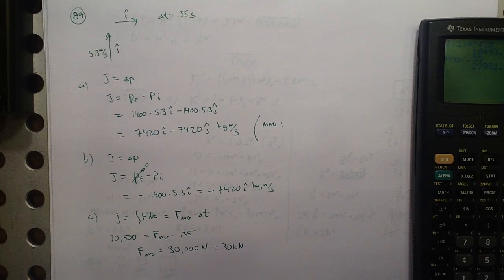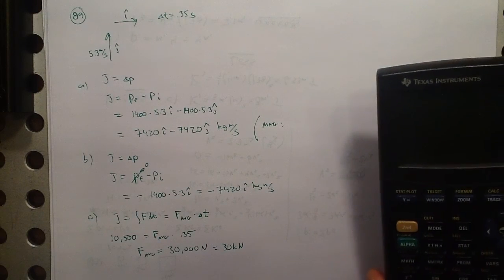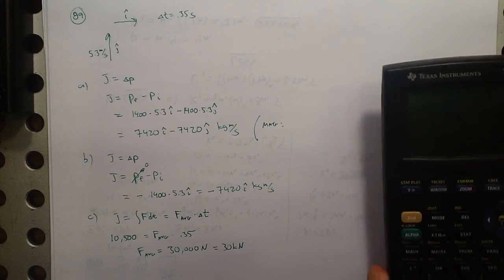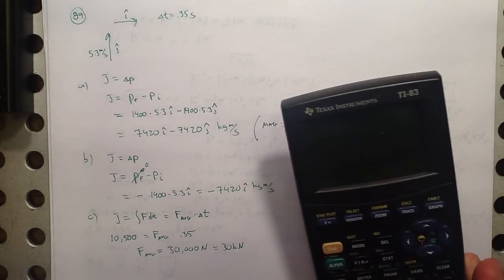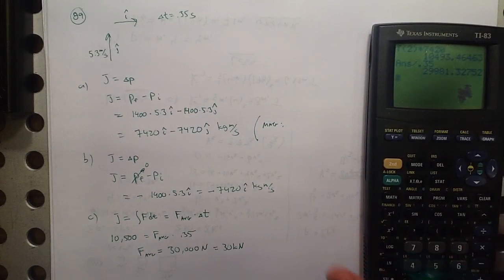And I have the magnitude of that. And then I divide it by the 0.35. I don't see anything right off the bat that I feel like I did wrong there.